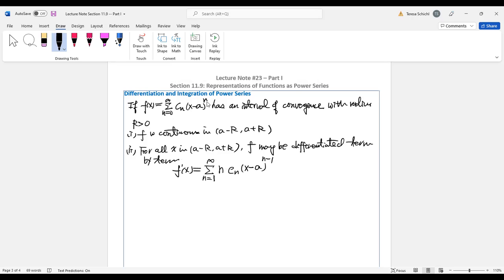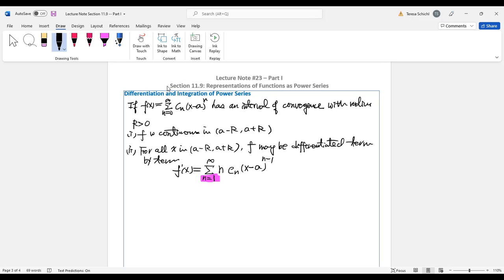One thing to be very careful about here is that instead of starting with n equals 0, for the derivative I need to start with n equals 1. The reason is that when you take the derivative you have n minus 1 in the exponent, so if you kept 0, it would be a negative 1 term.